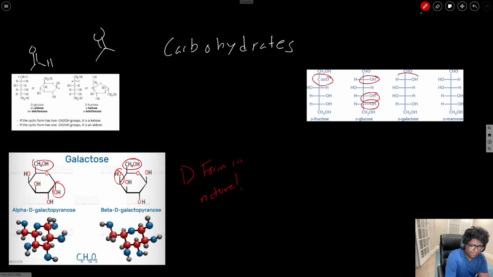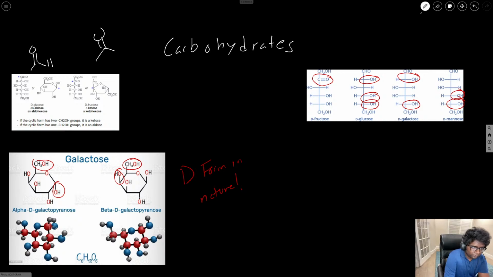Galactose, you have 1 at the top and 1 at the bottom. And mannose, this is a bit rare, you'll see 2 at the bottom. That's how I like to memorize them. If you guys have any other better ones, feel free to share.